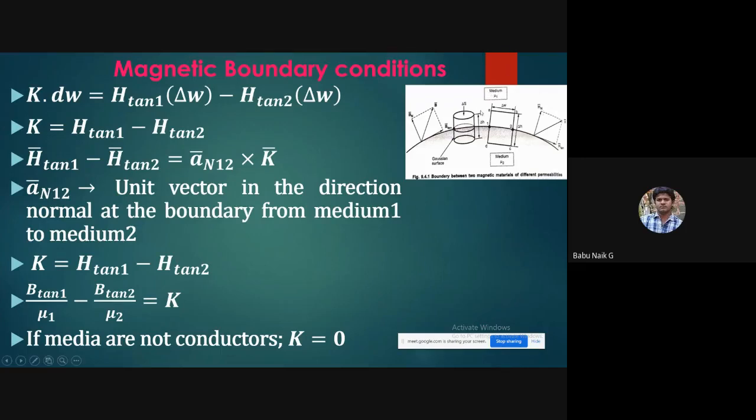With this we need to apply the closed line integral from Ampere's circuital law, which says the closed line integral of H bar dot dl is equal to I. So for Ampere's circuital law we need to consider a completely closed line integral of H bar dot dl.